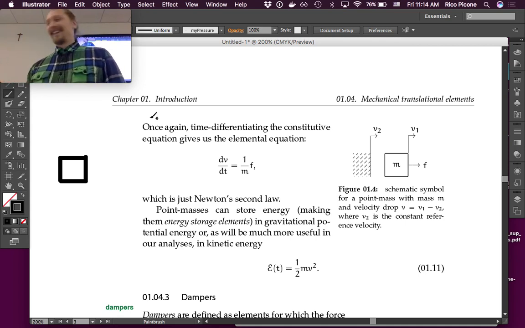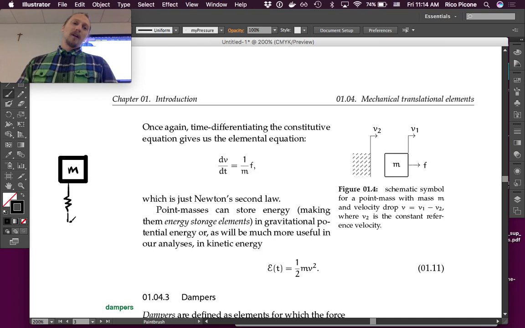Okay, so we might model a car to be a mass, and it might have some other elements. Let's say just a spring for now, and then it might be experiencing some rough road or something, right?